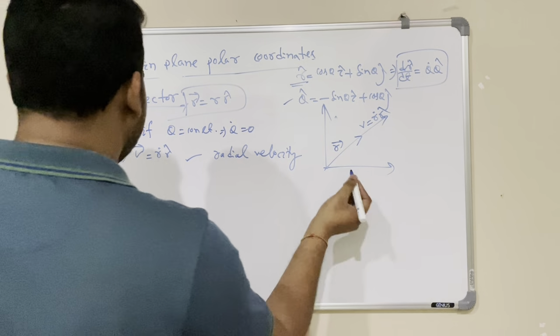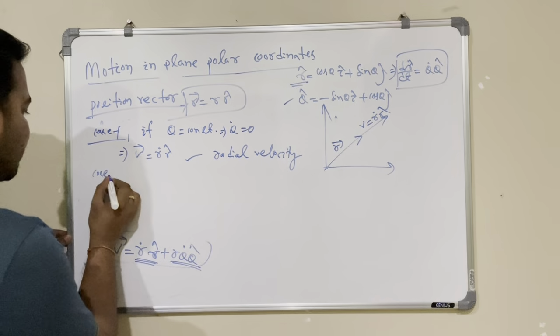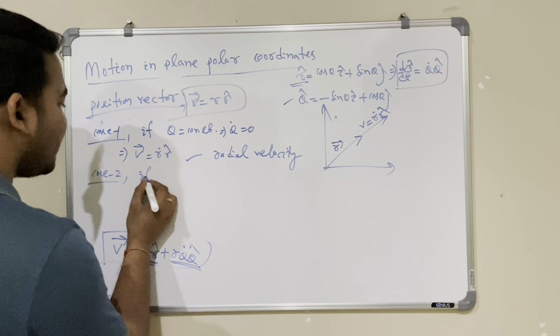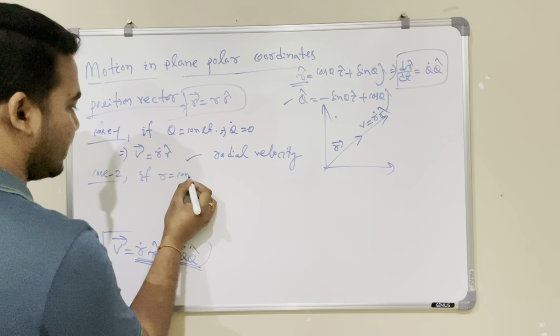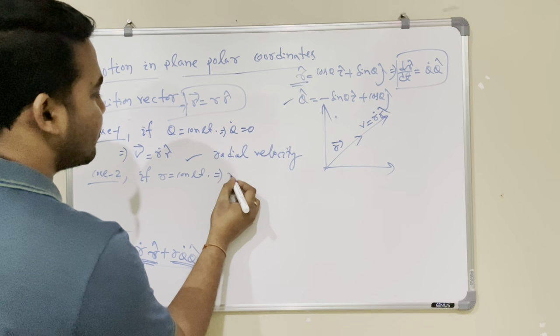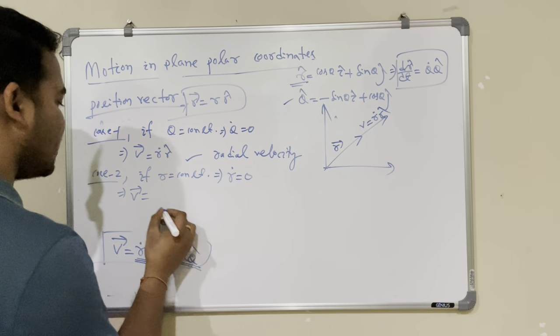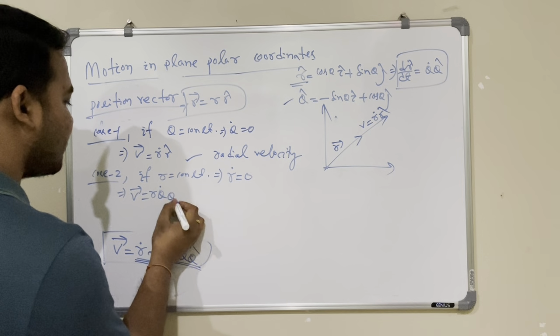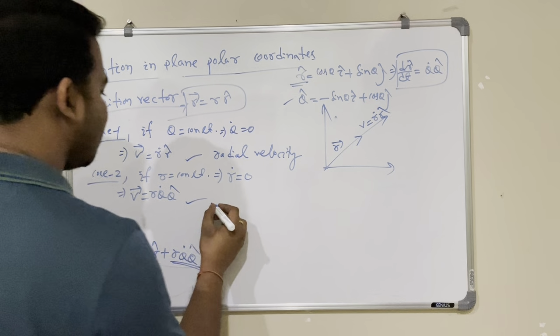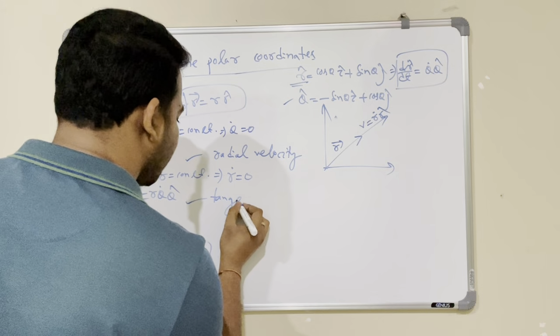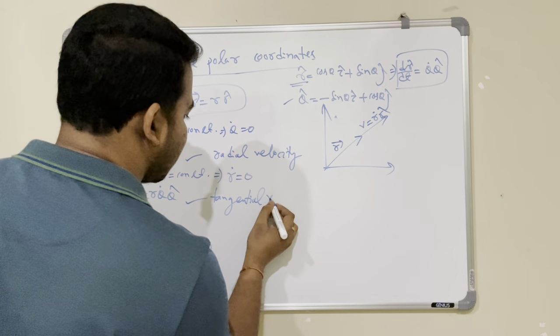In the second case, if r equals constant, then r dot equals 0. That means the v vector equals r theta dot theta cap. This is the tangential velocity.